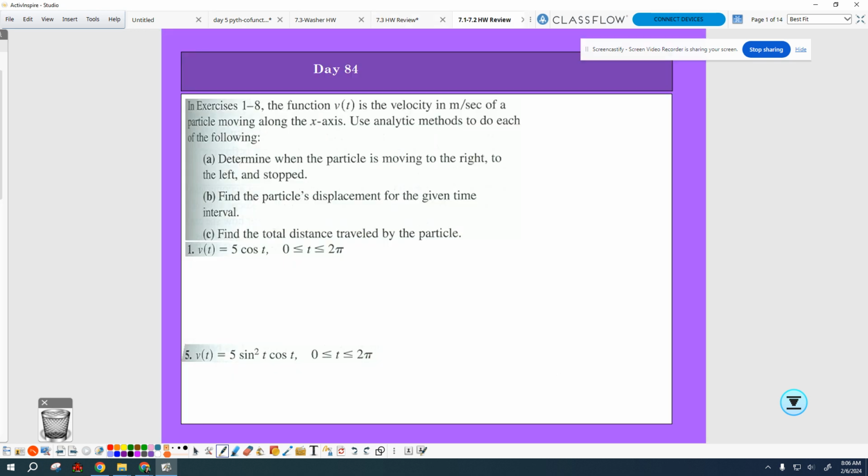So this is 7.1, which is a repeat of other stuff. Do you know when things move right, left, and when they're stopped? What do you have to look at? Camden, what do we have to look at to know if something is moving right, left, or is stopped?